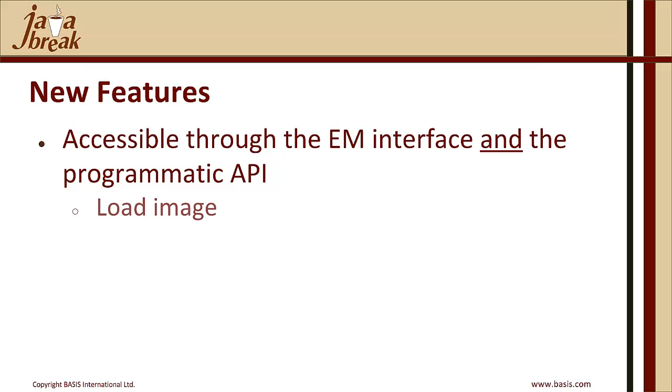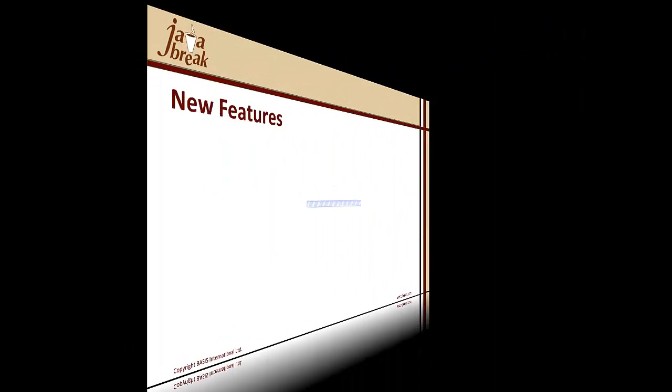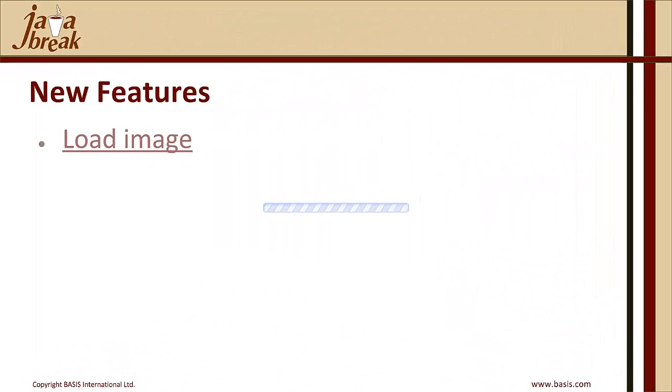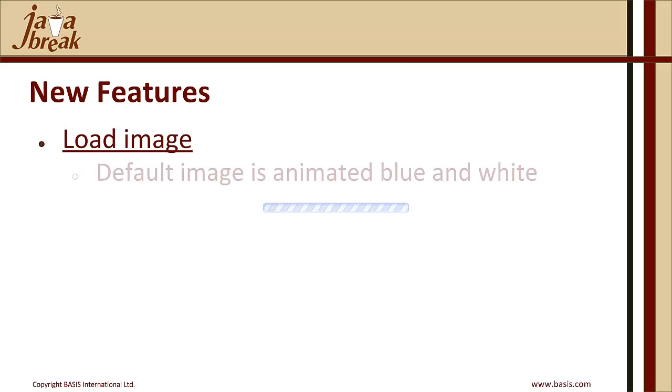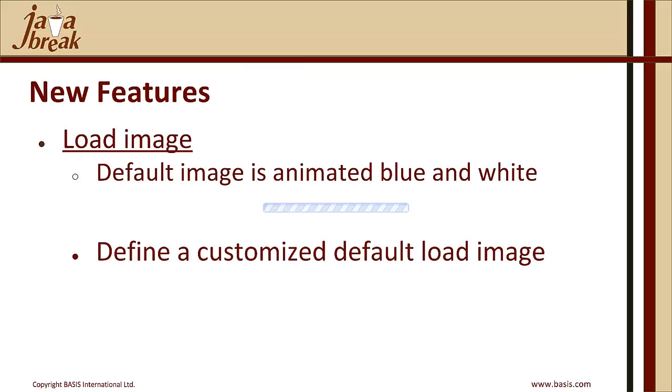Those would be the load image, the end action, and the busy indicator. The default load image still displays this animated blue and white progress bar. But you can now define a customized default load image and custom load images for individual apps.